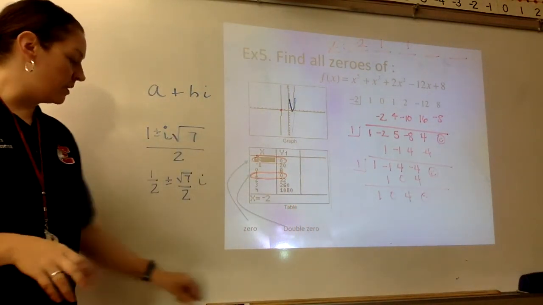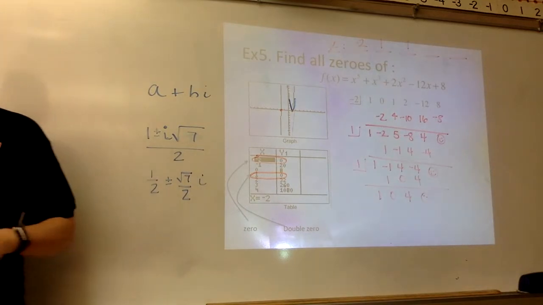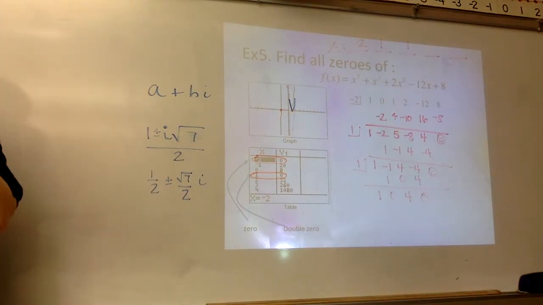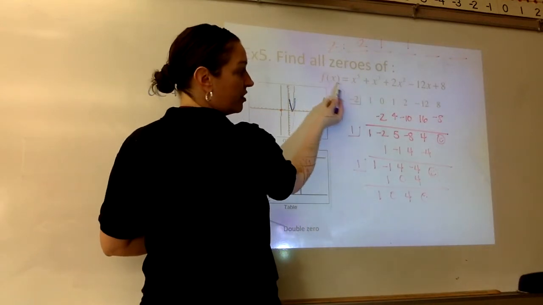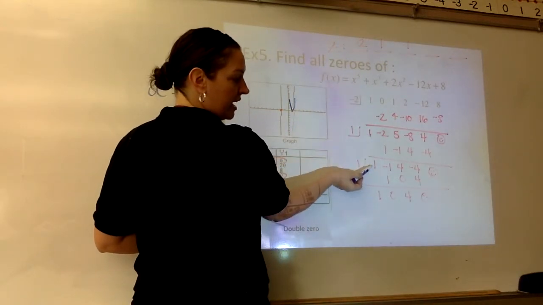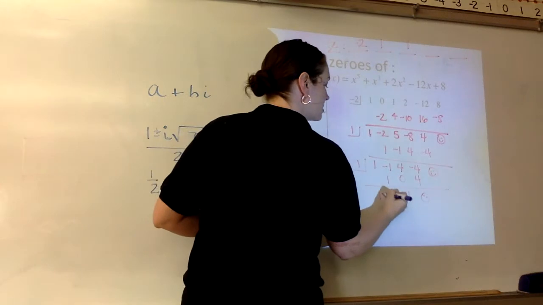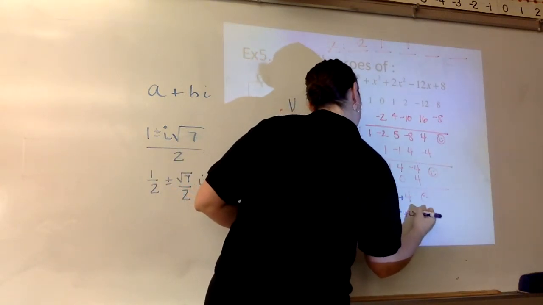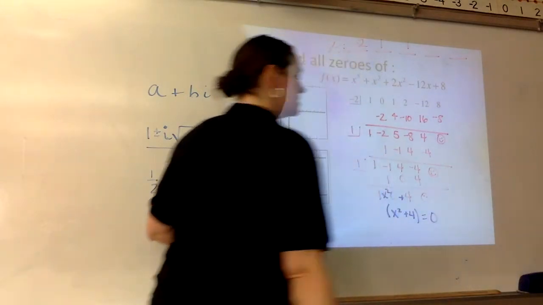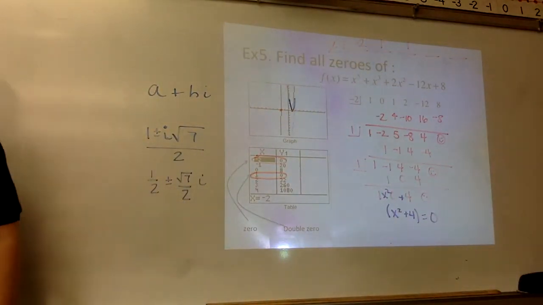All right, so what am I left with? What does that 104 mean? We went from x to the 5th to x to the 4th, x to the 3rd. This is now x squared plus 4, so it looks like this. Set that equal to 0.